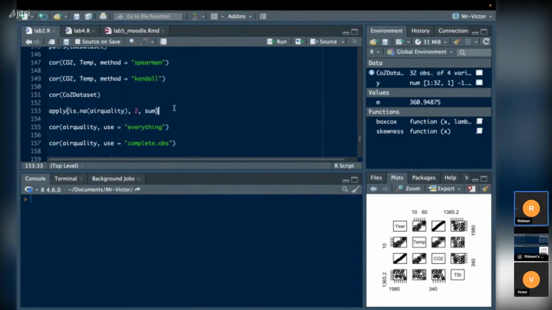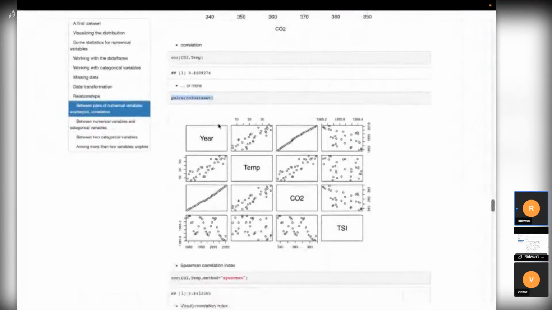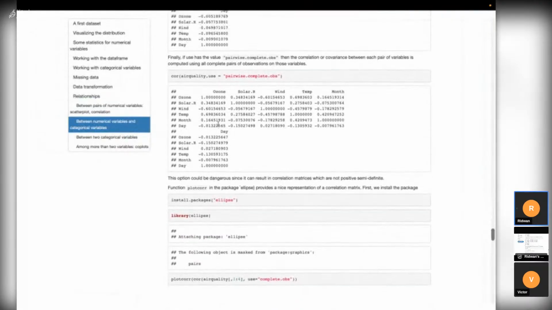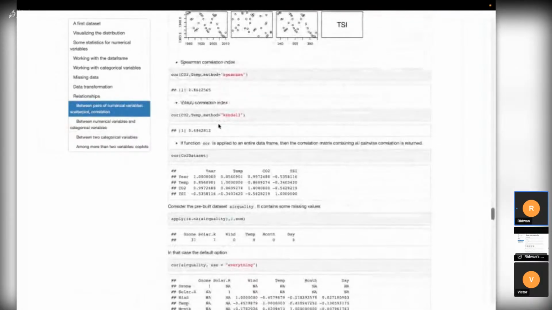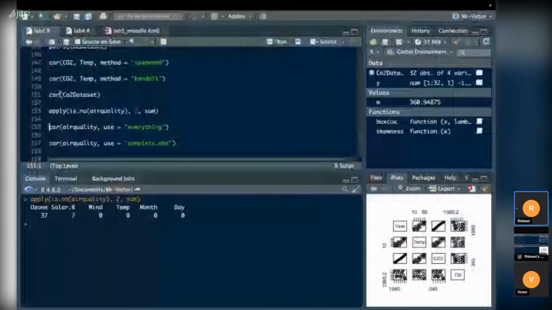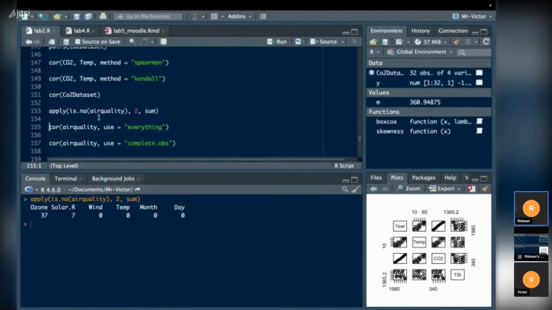So when you run this now, you are getting the total numbers of NAs, because of the sum. It's going to give you true or false. So this is the total number of missing values. You are saying is.NA equality. If it is NA in each column, it will come out as true.